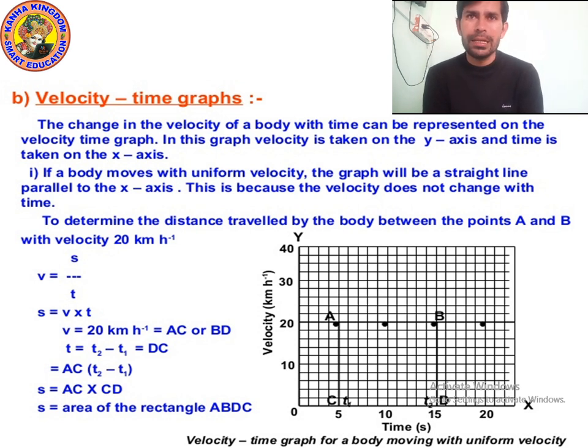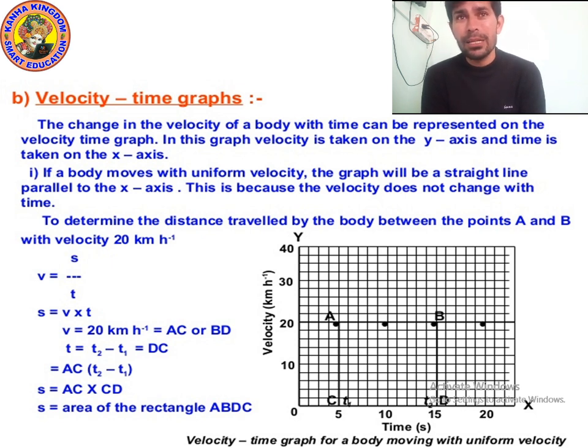So we can easily determine the distance traveled by the body between point A and B with velocity 20 kilometer per hour.